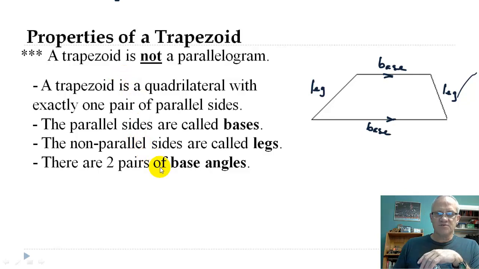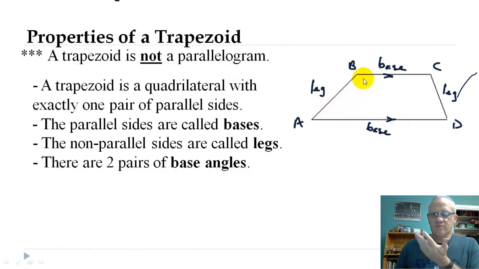And finally, we'll talk about this more in the next slide or two. There are two pairs of base angles. So for example, let's call this A, B, C, D. In this trapezoid ABCD, the base angle is where a base and a leg come together. Well, you go, that's everything.